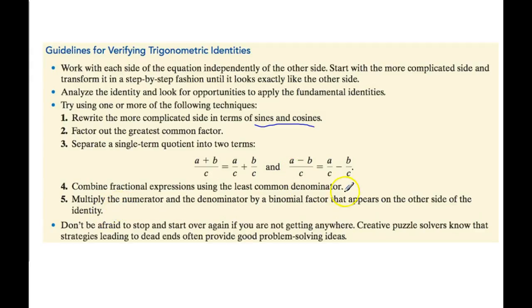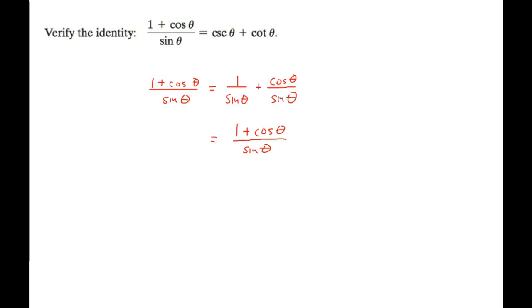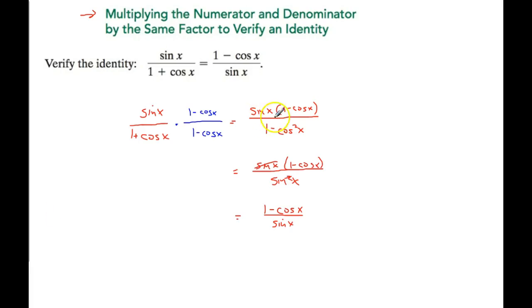Least common denominator, very common thing. And then that one that we did where we multiplied top and bottom by a factor that appears on the other side of the identity. That was like this one. So we multiplied top and bottom by 1 minus cosine, which is on the other side of the identity.